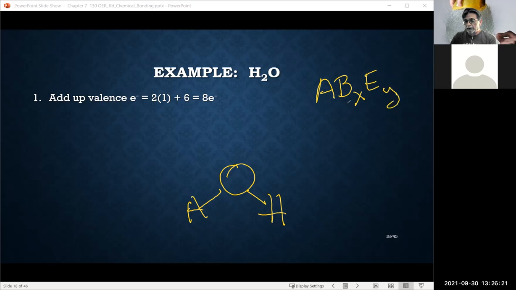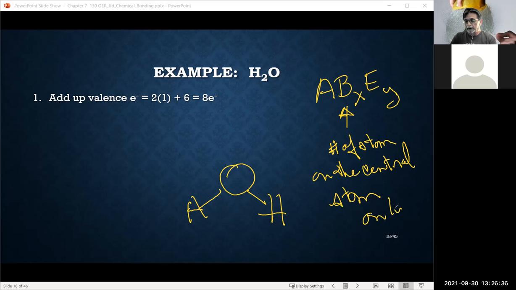Now, B is the number of atoms on the central atom only. We don't care about anything else. Only. Okay.